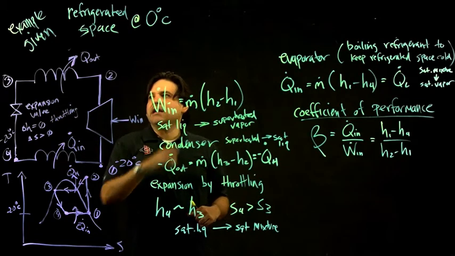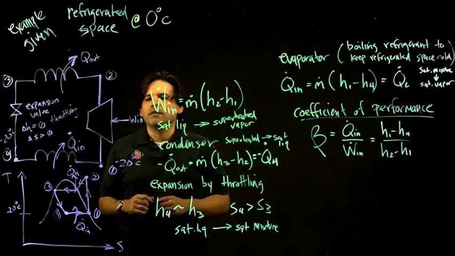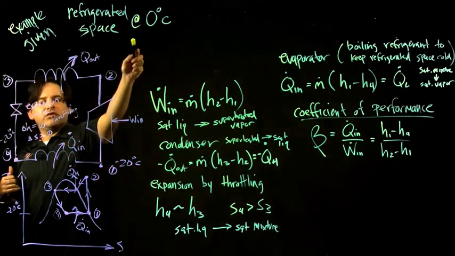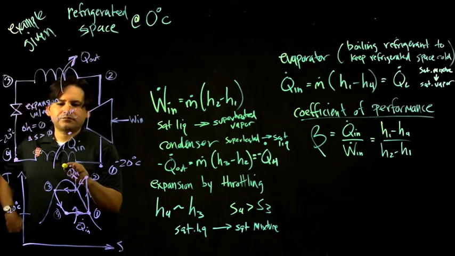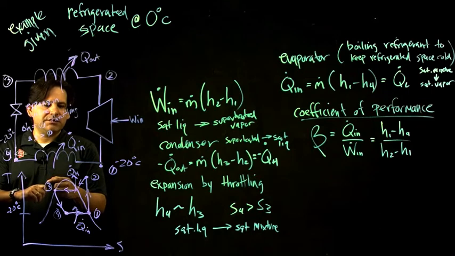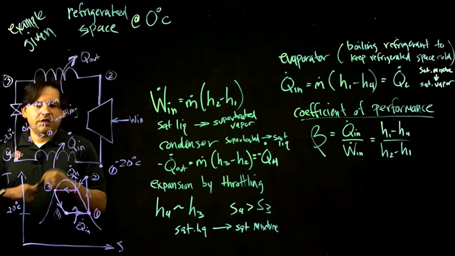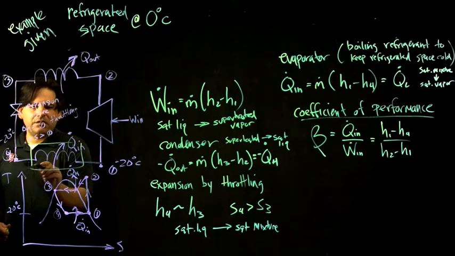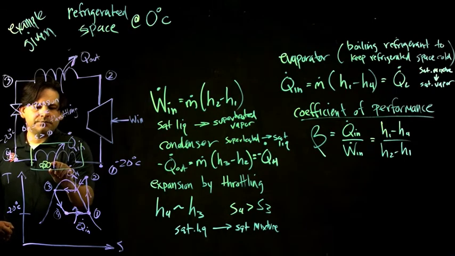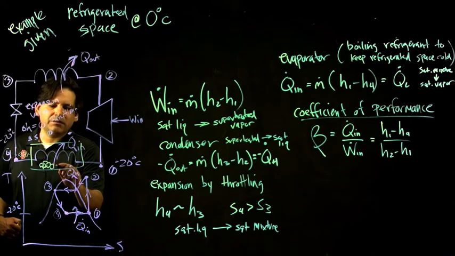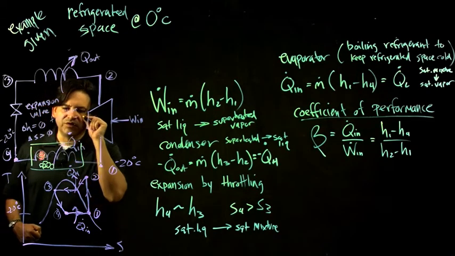Assuming there's not a lot of heat loss, this is the refrigerated space. You're pretty much having a heat exchanger where here's your ice cubes, and the energy is coming out of the ice cubes into the refrigerant.